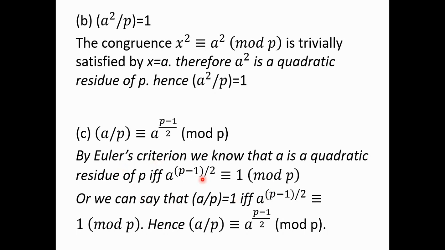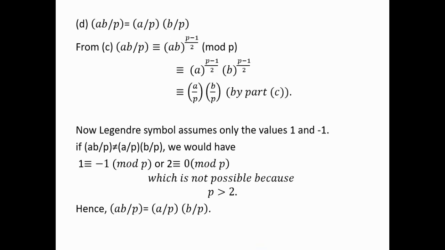Or we can say that the Legendre symbol A upon P is 1 if and only if A to the power (P minus 1) upon 2 is equal to 1. So what does that mean? That means A upon P is equal to A to the power (P minus 1) upon 2 modulo P.